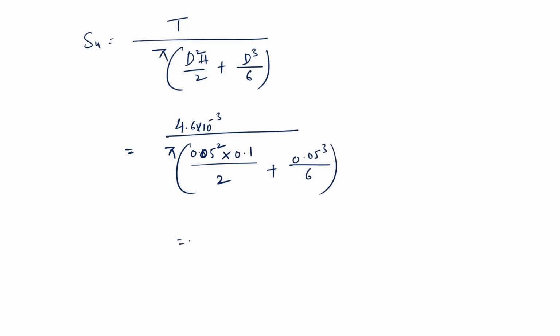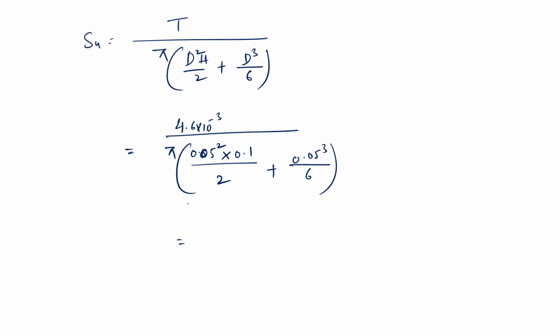Let us solve the problem using the calculator: 4.6 into 10 to the power of minus 3 divided by pi into (0.05 square into 0.1 divided by 2 plus 0.05 cube by 6).